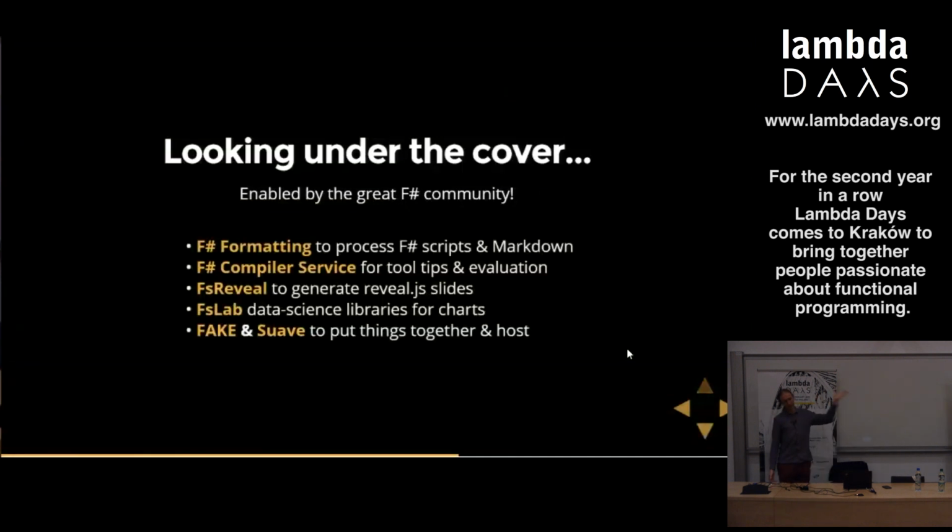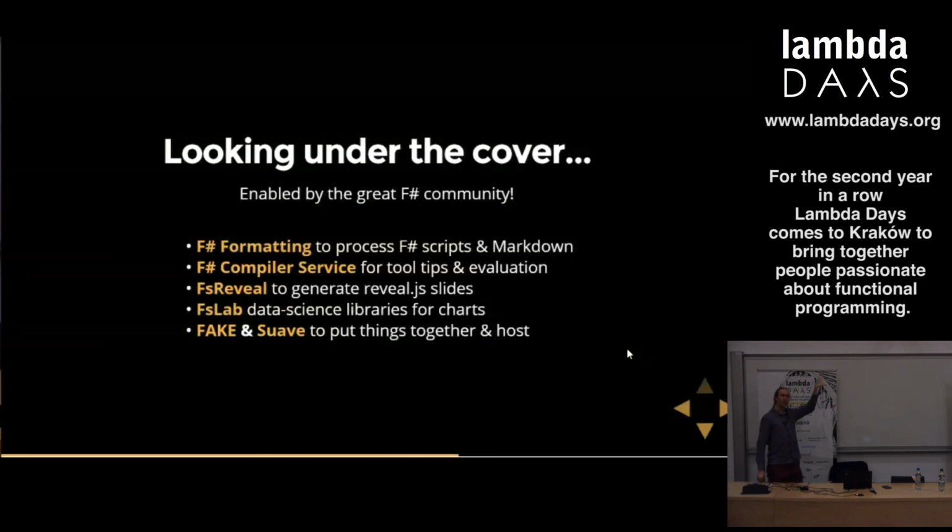And so this slide deck is probably the most technologically advanced slide deck of the conference, and it's using lots of interesting libraries. So FSharp formatting is one library for parsing the FSharp code and formatting the code snippets.